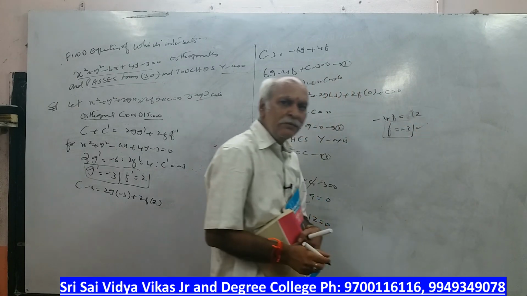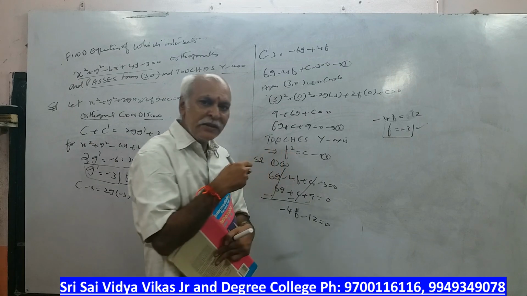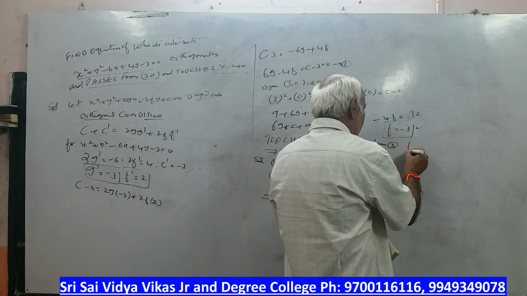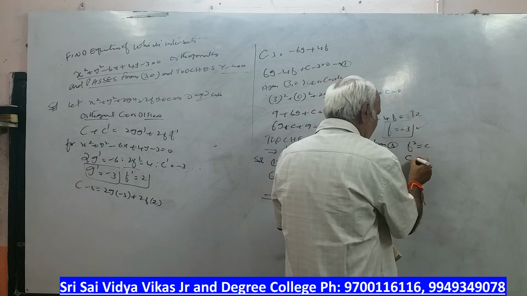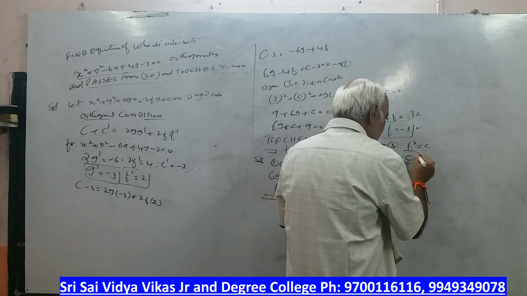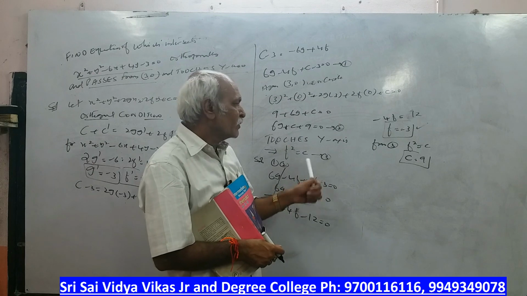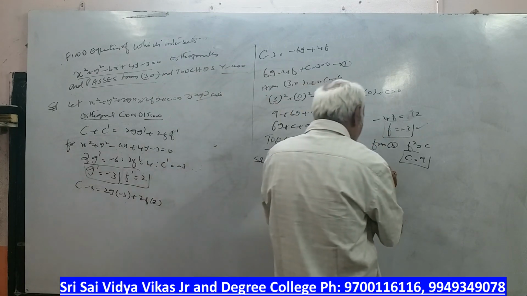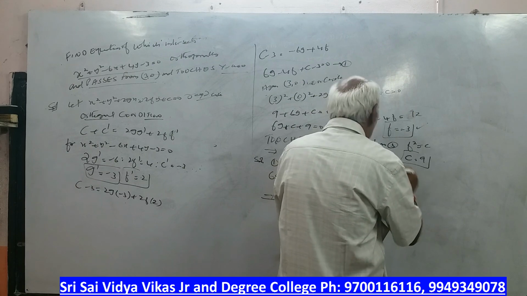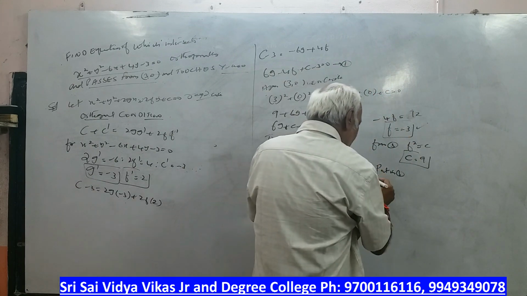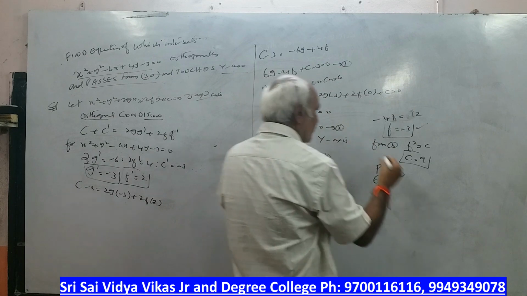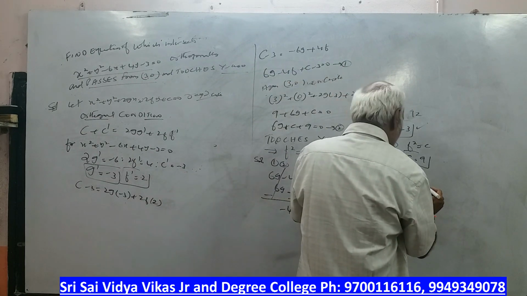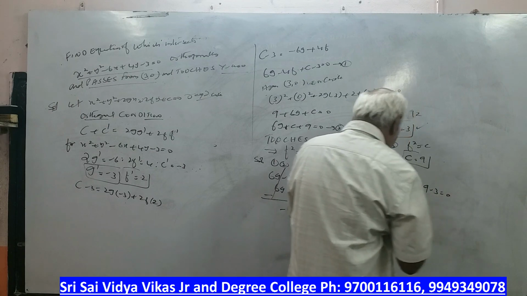You got the f value. Now the third condition is f square is equal to c, so c is equal to 9. We directly get the c value. Now we know the f value and c value. Put them in the first equation, 6g minus 4f plus c minus 3 is equal to 0.